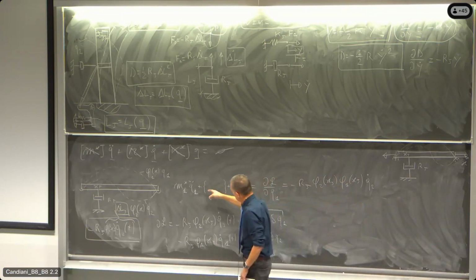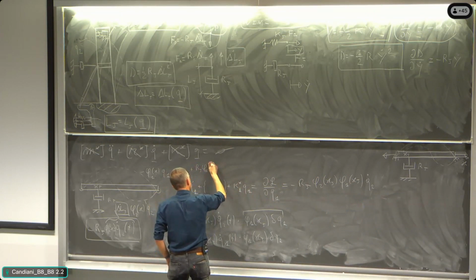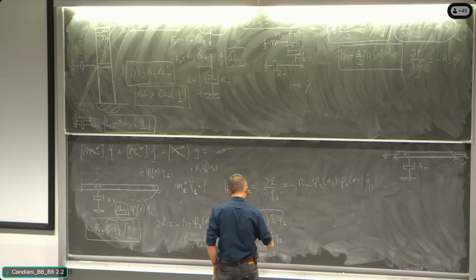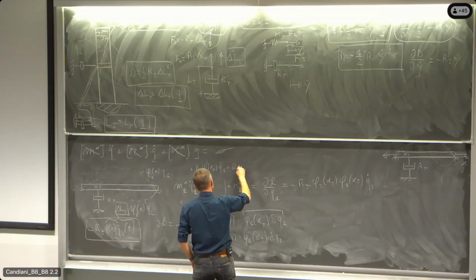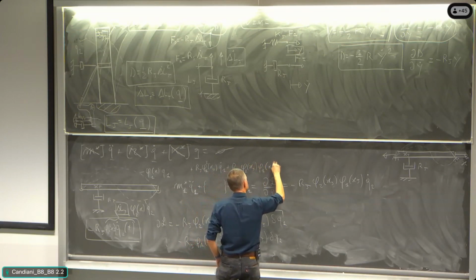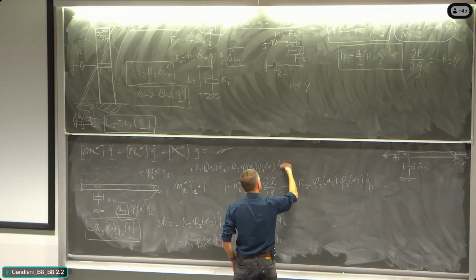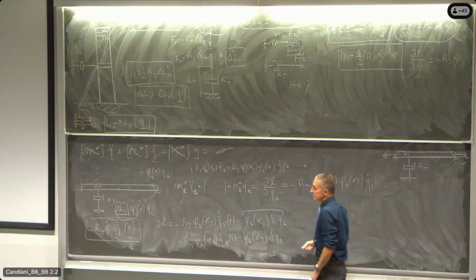It means that into here I will have a quantity plus Rj phi 2 phi 1 xj square q1 dot plus Rj phi 2 xj phi 1 xj q dot 2, and so on.